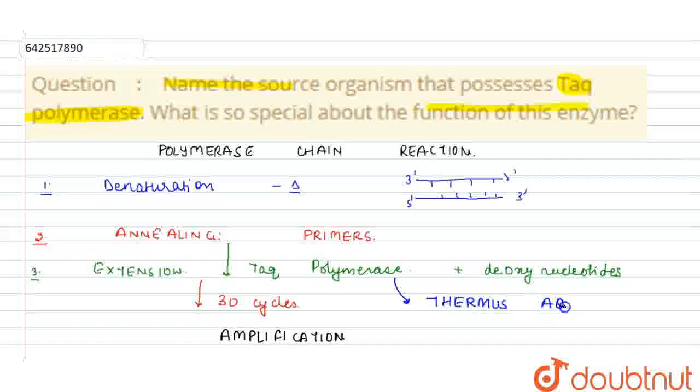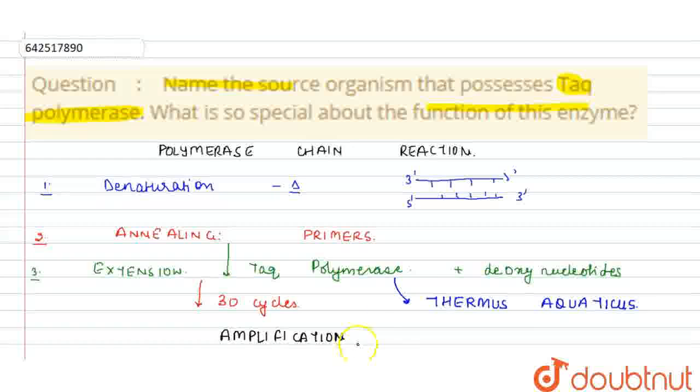Thermus aquaticus. Now, why do we specially use this polymerase enzyme only? Because the Thermus aquaticus bacteria lives in an environment where the temperature is more than 100 degrees Celsius. And you know that any enzyme, if it is put at higher temperatures, then what will happen?